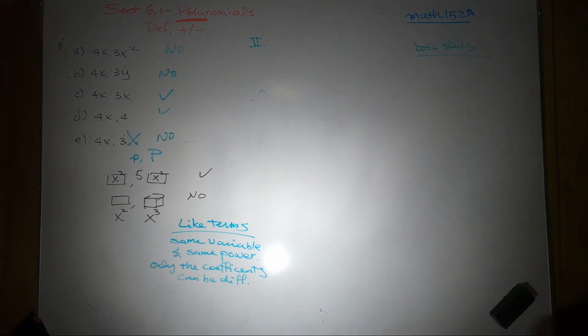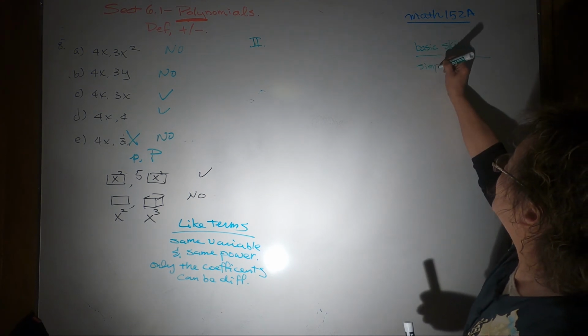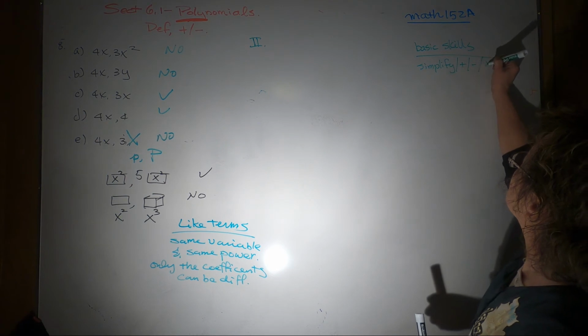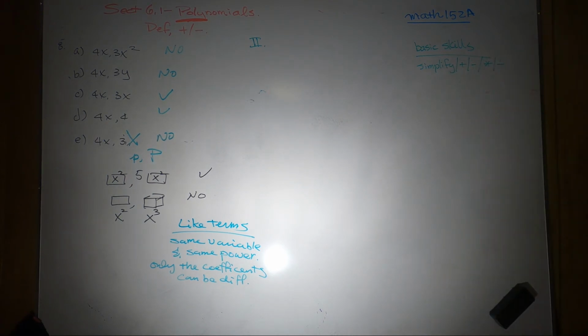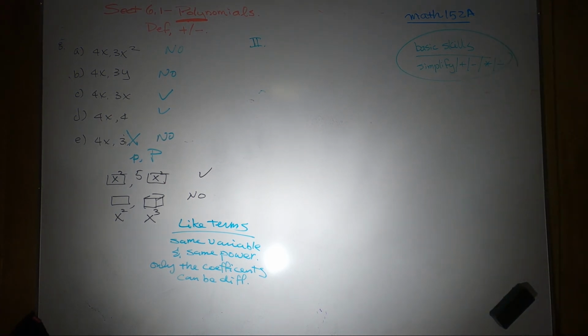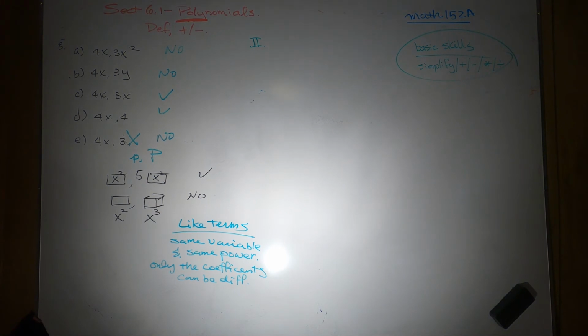Like your fractions, what do we learn? We learn simplifying, right? Simplify, add, subtract, multiply, and divide. So we are going to learn some basic skills for the polynomials. We are going to simplify, add, and subtract them.